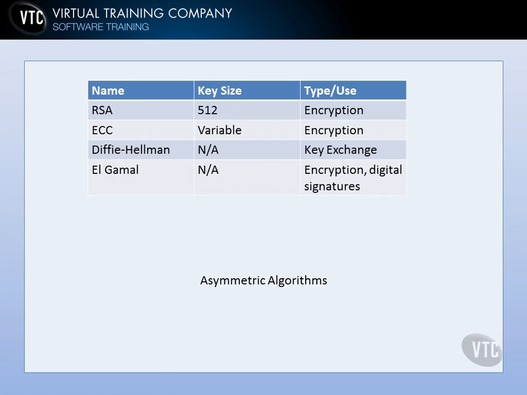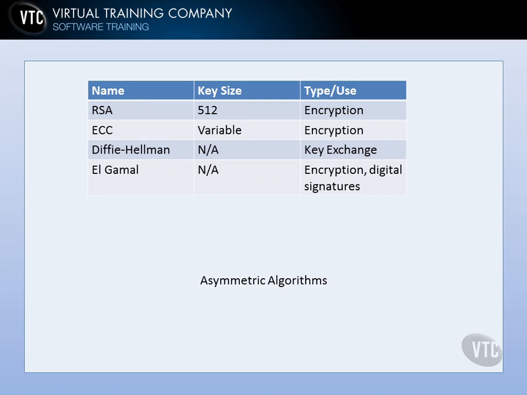There's also ECC, which is elliptical curve cryptography, and it has a variable key size, and it's used for encryption. One thing about ECC, and this is, again, you might see this on an exam somewhere, is that it requires very low computing power. And this makes it ideal for mobile devices like tablets and smartphones. So you might see a description of ECC tied to those types of devices.